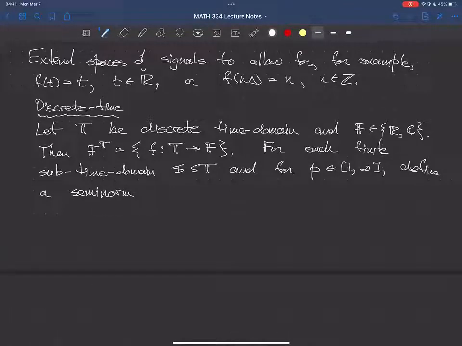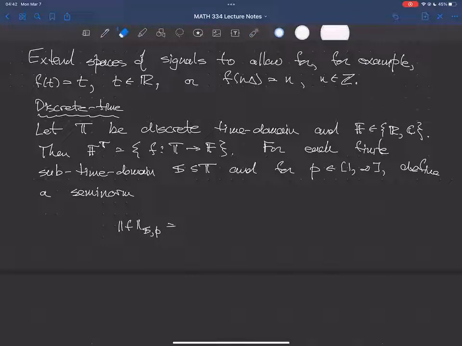So it's possible that for a seminorm, you can have a non-zero signal with zero seminorm. It's going to be defined like this. I'm going to include in the notation the fact that this seminorm is going to depend on S.